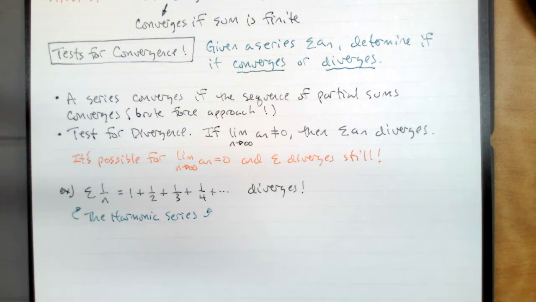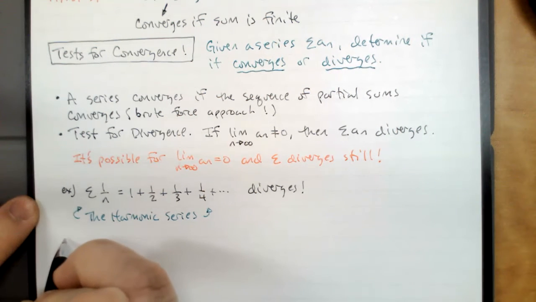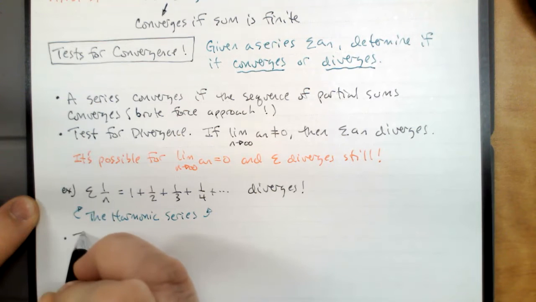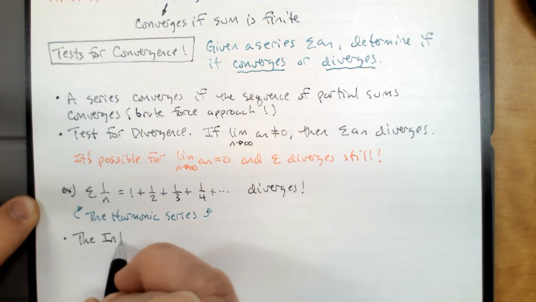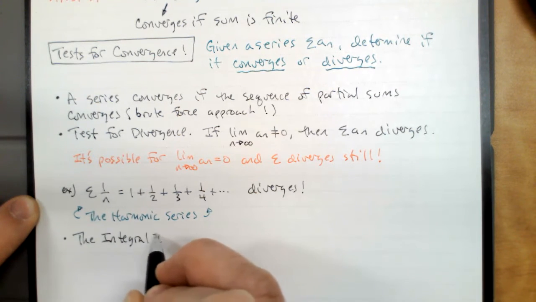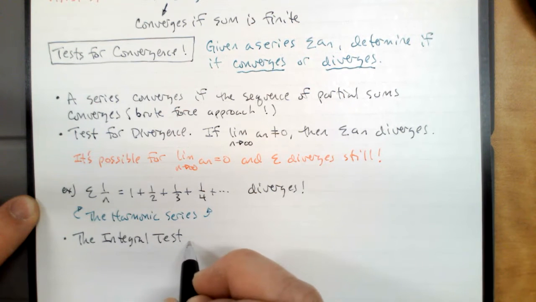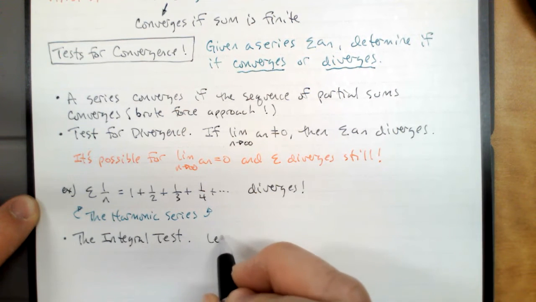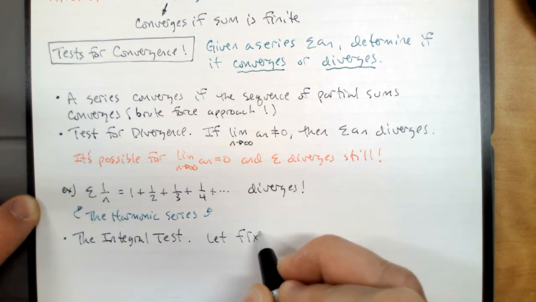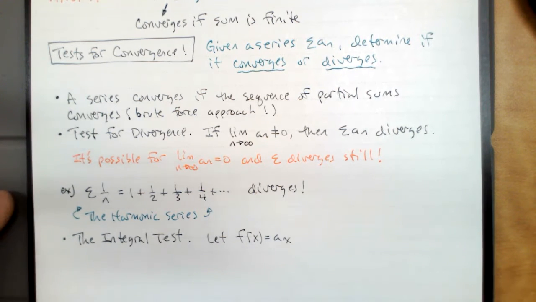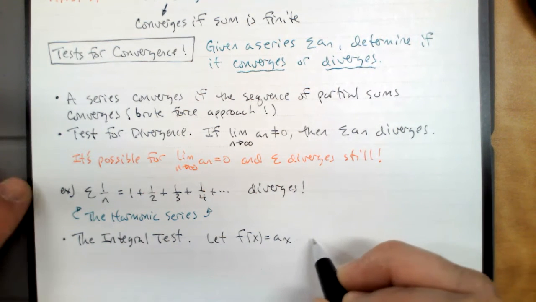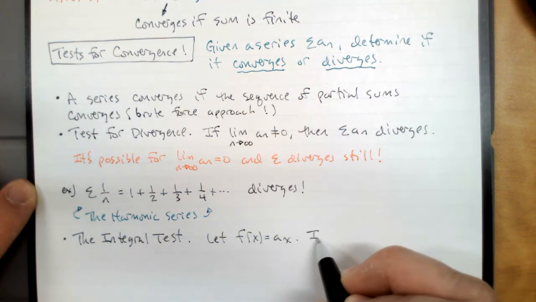One of the ways that we saw this was with the integral test. We take the terms of our series and we make a function out of the general term of the series. And then we look at the improper integral.